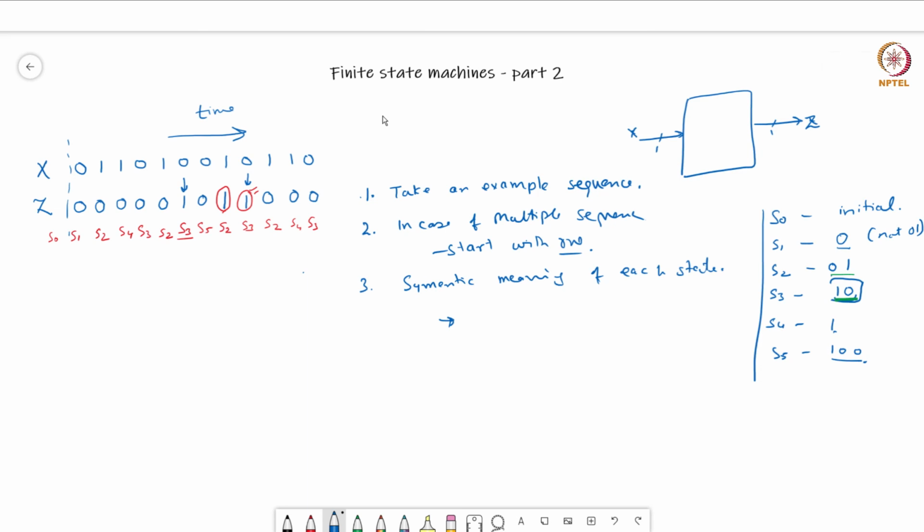Also, by looking at the sequence, we should see what we should remember. If we need to remember all the bits, what bits are important to be remembered? Here, for example, we have seen that 0 1 0 was not important, but 1 0 was the only information which was important. So what information is important to be remembered? That is maybe the semantic meaning of each state.